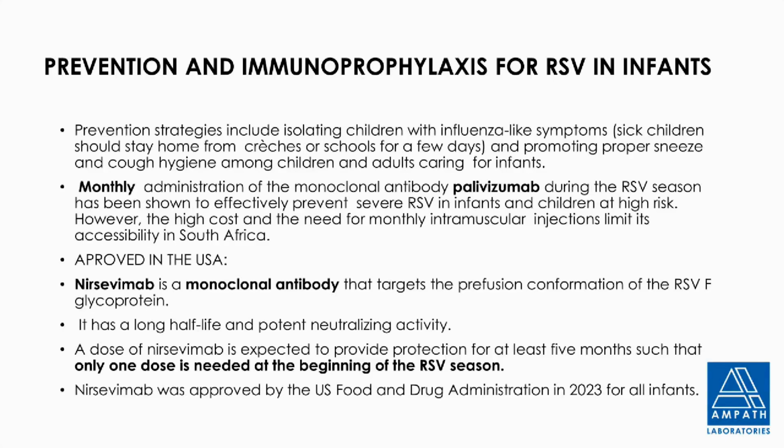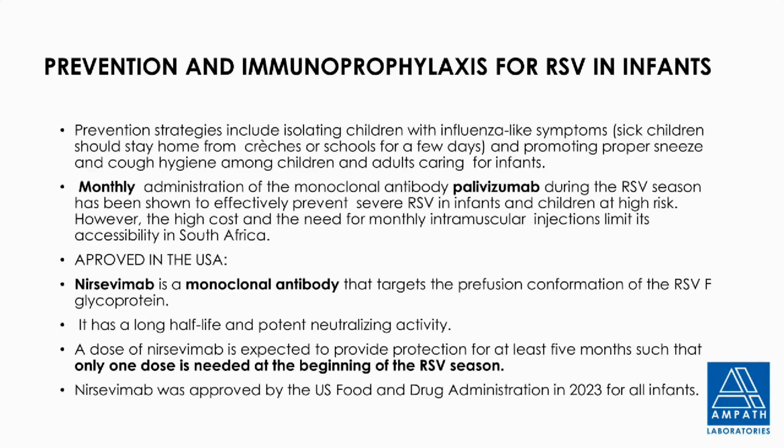It has been shown to be effective in preventing severe infection. However, it's limited by the fact that it's very costly. You need to give it monthly. It's an intramuscular injection. And generally in countries like ours, accessibility may be a limitation and difficult.